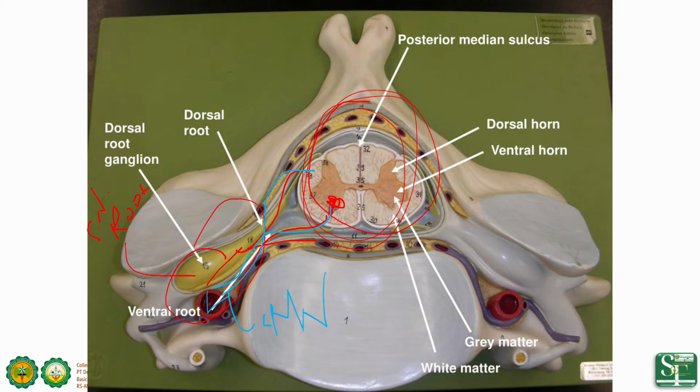This is applicable for motor function. Okay, motor neuron. Going upward, everything coming from the brain and spinal cord up to the anterior horn cell is still considered an upper motor neuron. So the anterior horn cell is a very important landmark to identify the classification of their motor neuron.